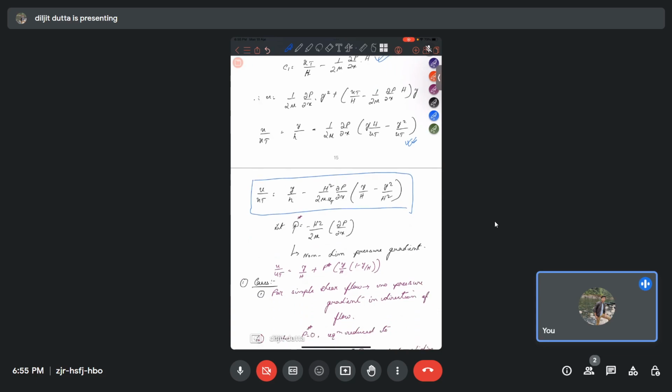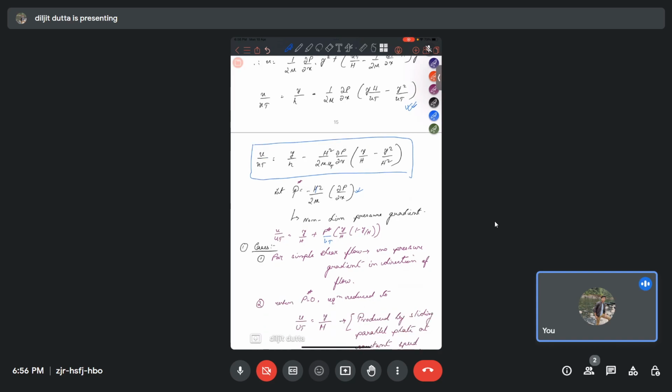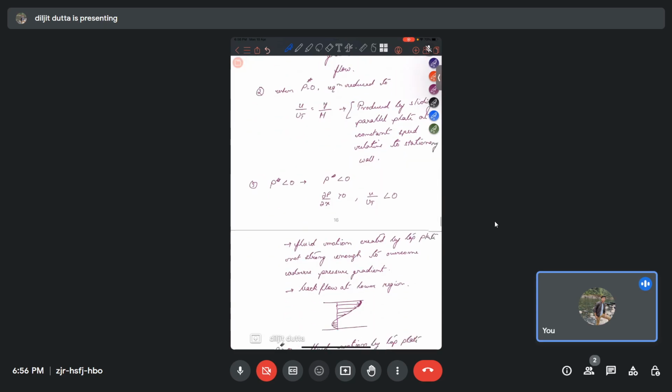So we define a non-dimensional pressure term called P star, which is given by P* = −(h²/(2μUt)) ∂p/∂x. So this will come as this formula.